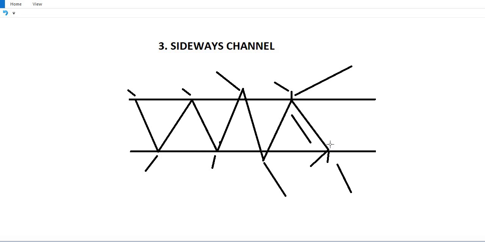When the market starts to move to the upside, in this phase the market needs to form powerful bullish candlesticks, and that is the indication that the market is about to break to the upside. So how will we trade the sideways channel if it breaks to either side? Let me show it to you on the real chart.